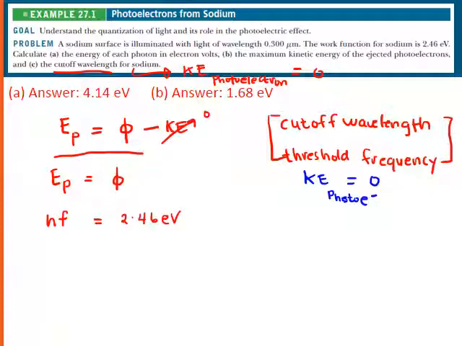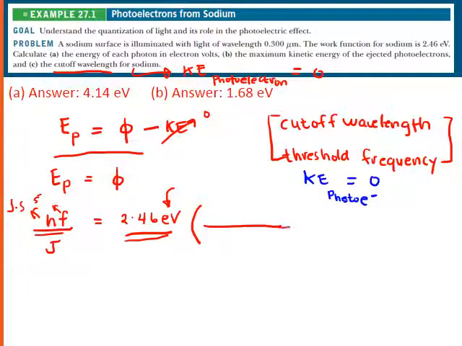Now in this case, the unit of h is joule second and the unit of frequency is per second, so this energy is in joules, while the other side is still energy but expressed in electron volts. So it is necessary that we convert the work function from electron volts into joules before we solve for the cutoff frequency.